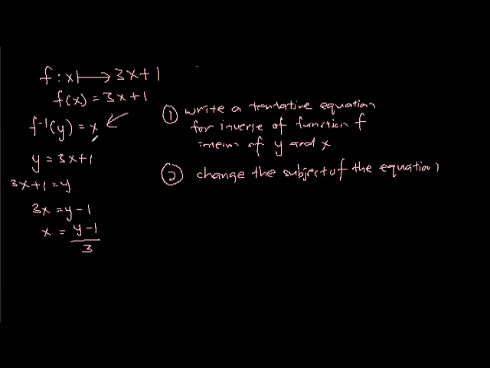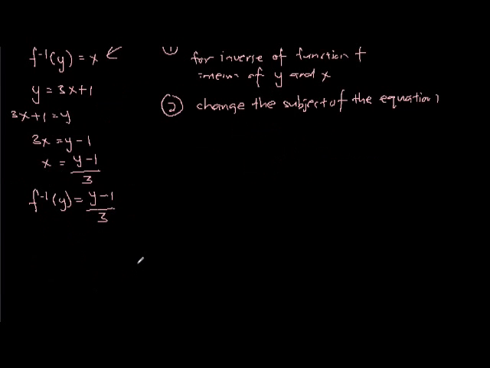We know that x is equal to the inverse function of f when the input is y. So this is equal to f negative 1 of y, where it simply means the inverse of f maps y onto (y minus 1) over 3. And if we change the input, we need to change the element of the output here as well.